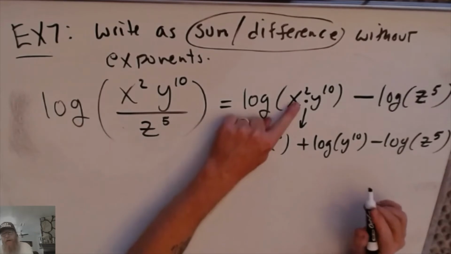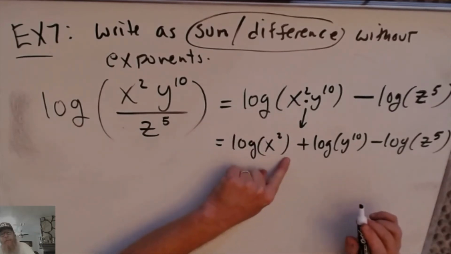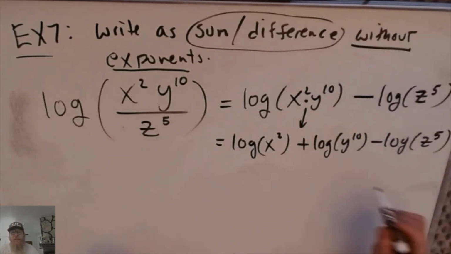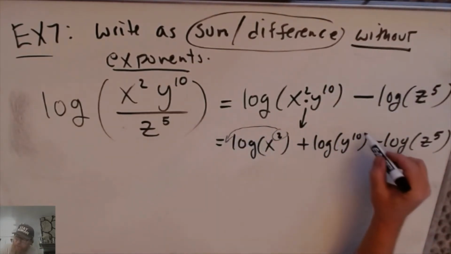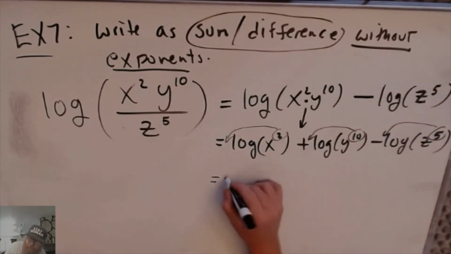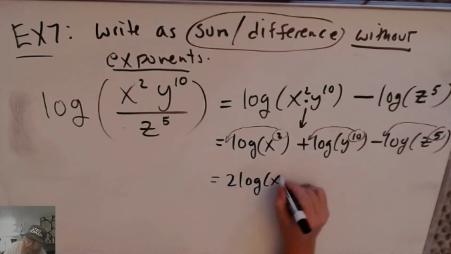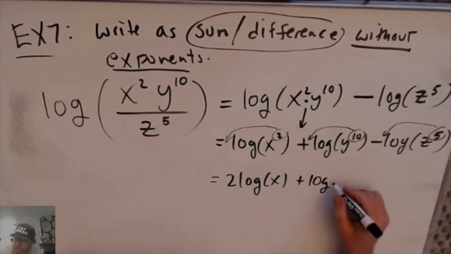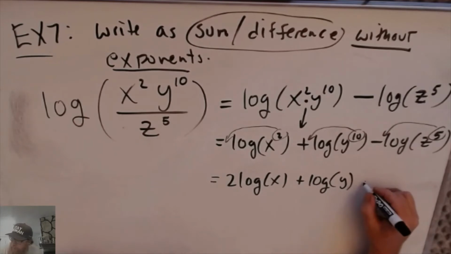So this product becomes a sum. And finally, without exponents, I'm going to take all of these powers and bring them down to the front. Each logarithm has its own front, right in front of the letter L. We call that the front of the log.